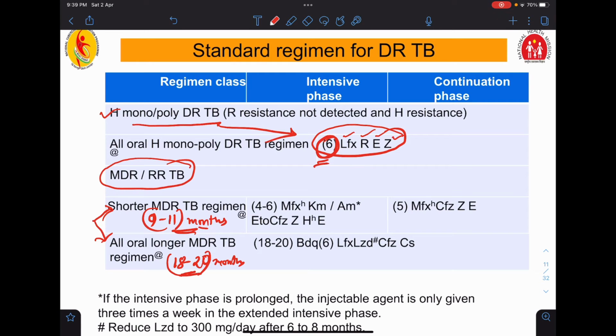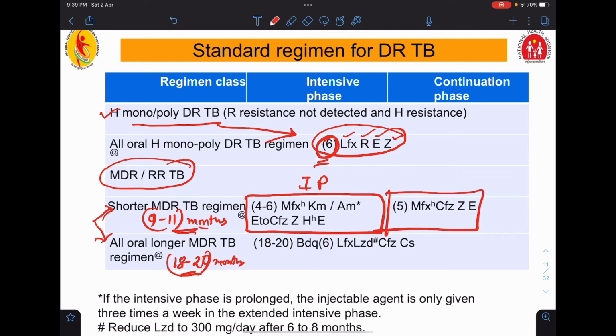So what is the shorter regimen? Shorter regimen will have an intensive phase and a continuation phase. So 4 to 6 months of intensive phase, in which we use high dose moxifloxacin, kanamycin or amikacin, ethionamide, clofazimine, pyrazinamide, high dose isoniazid and ethambutol.